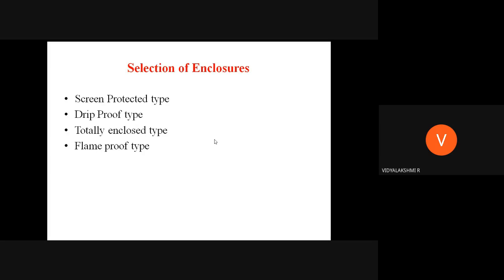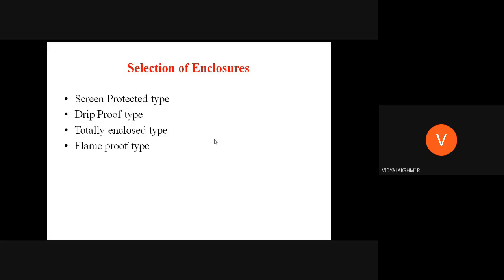And then the last one is the flame proof type. Flame proof type can be used in an explosive atmosphere. It uses a very strong cover, because in an explosive atmosphere, a thin cover may get heated up or catch fire.